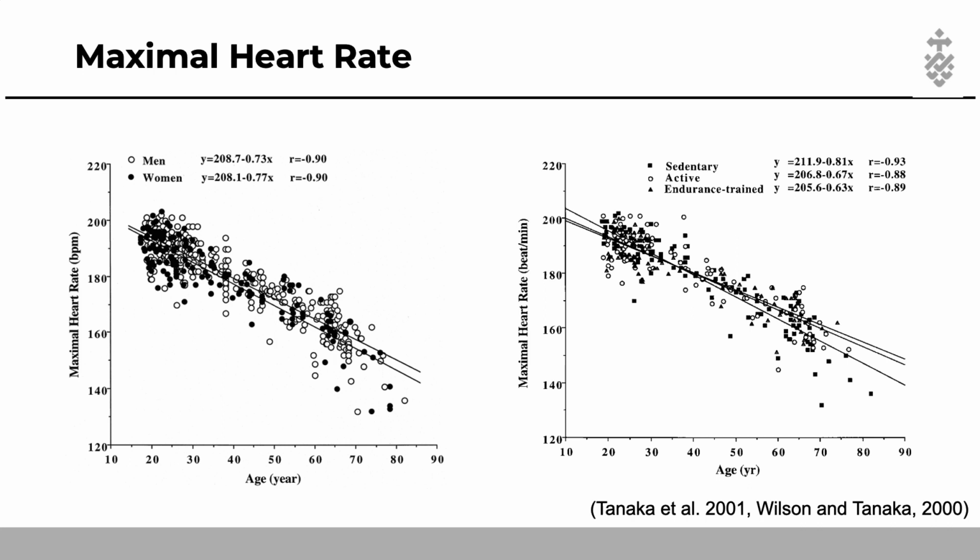Therefore, it's a non-modifiable, inevitable consequence of aging. And it's actually quite interesting because the mechanisms responsible for this decline, or the reasons as to why this decline occurs with aging, are not well understood. It remains still a little bit of a mystery to researchers.